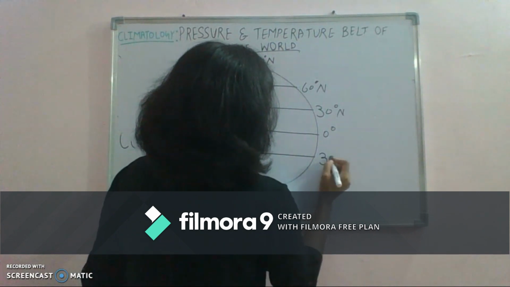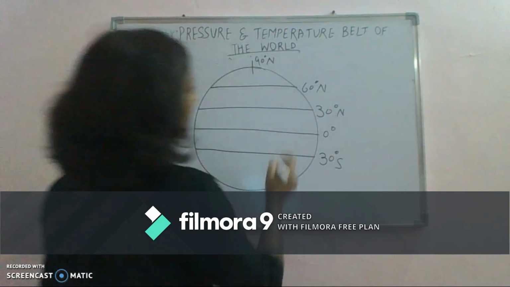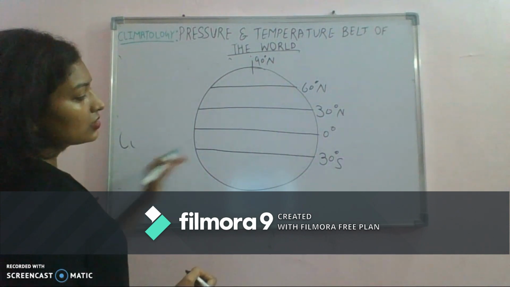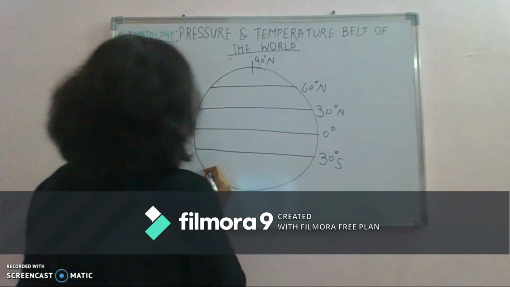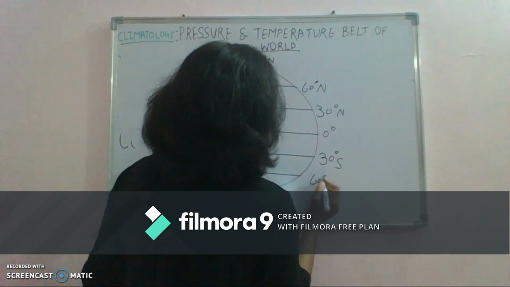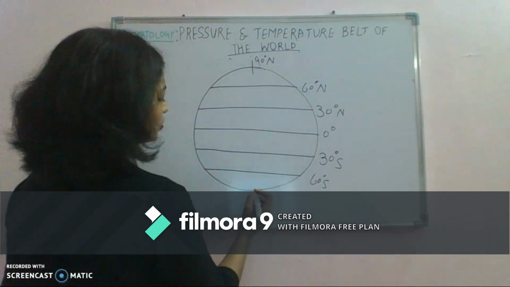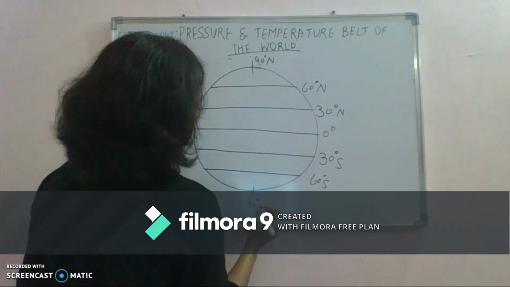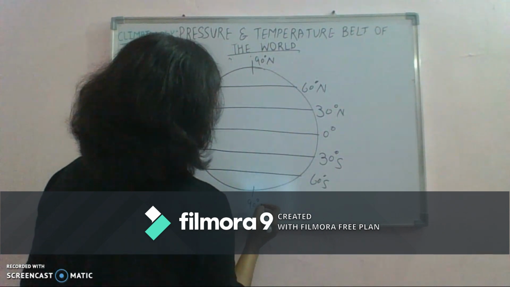In the southern hemisphere, 30 degrees south is again the subtropical zone, 60 degrees south is the subpolar zone, and 90 degrees is itself a pole.